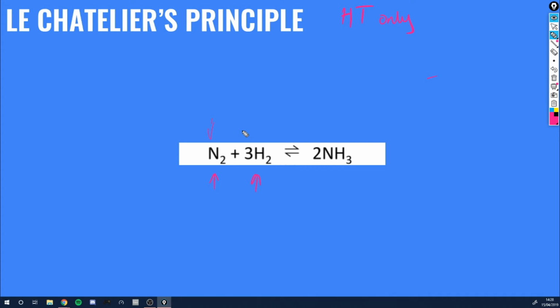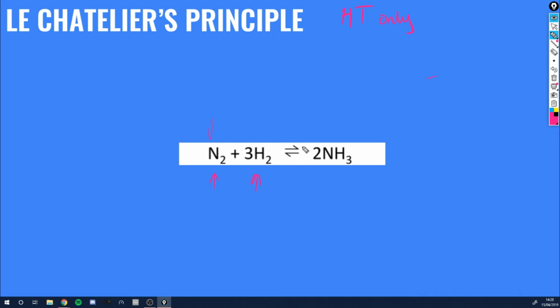Temperature: if you increase the temperature, more reactants will be formed because it will have to go through the endothermic backwards reaction, although it's not always endothermic in the backwards reaction.